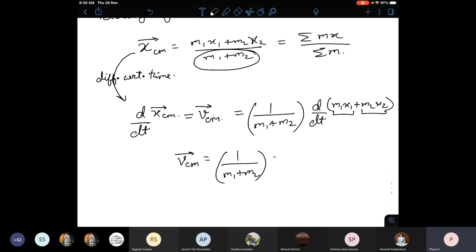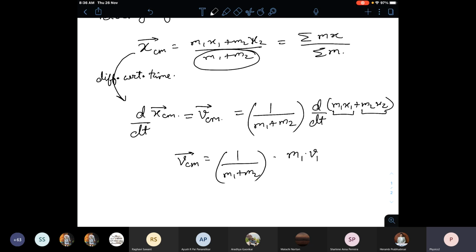The mass of the point object will be constant and it won't be varying. So it will jump out of differentiation, and you have to differentiate only x1. So dx1 by dt will become the velocity of the first particle, that is v1.